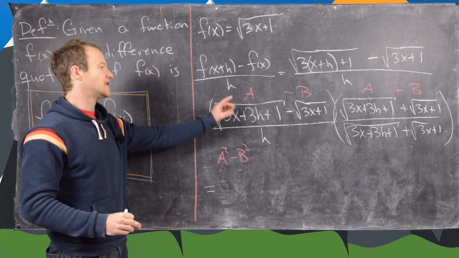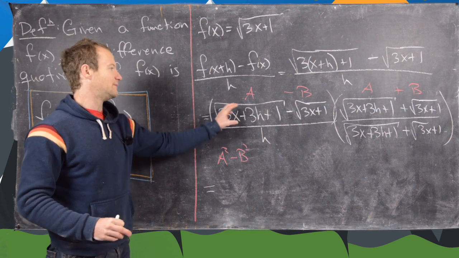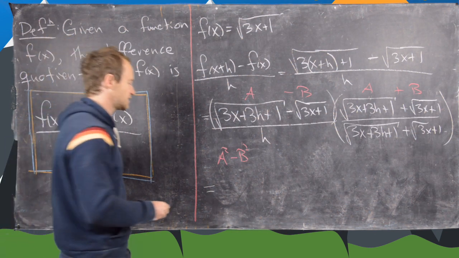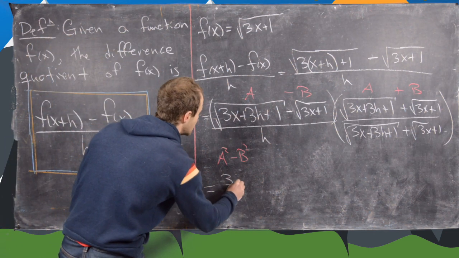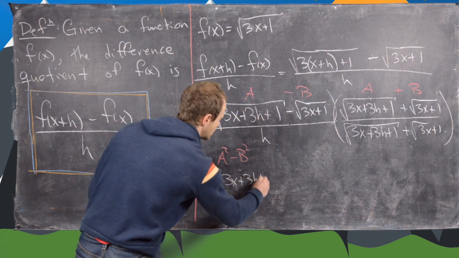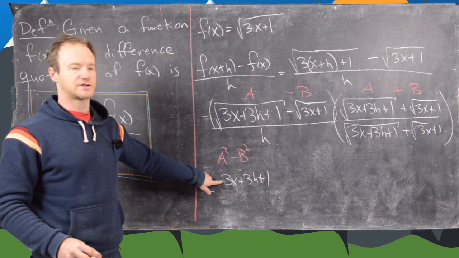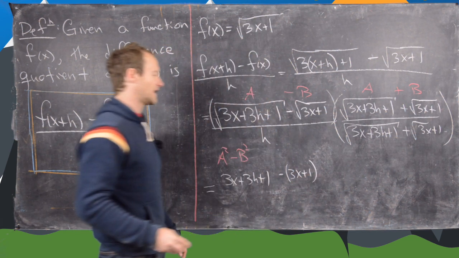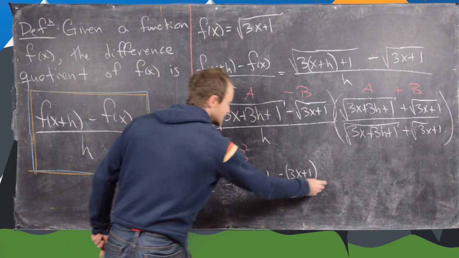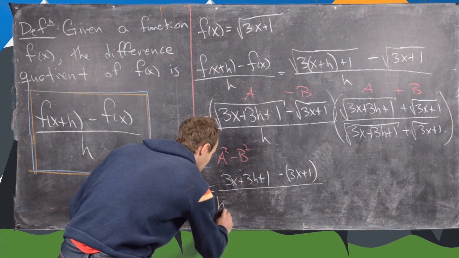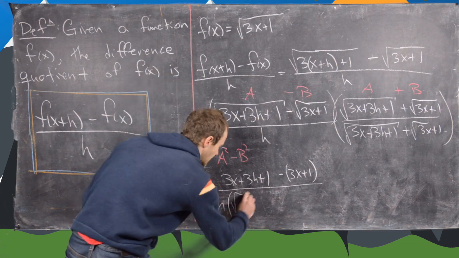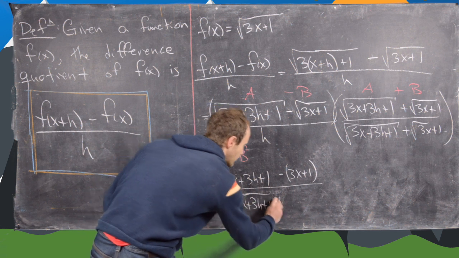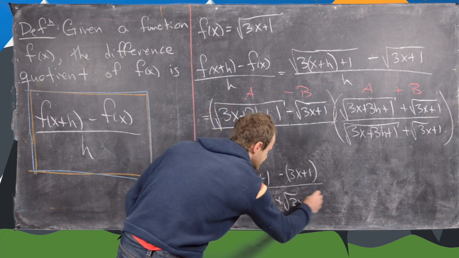And that's really nice because in this case a and b are both these radical expressions, which means when I square them, the square root disappears, and that's going to give me 3x plus 3h plus 1, that's like my a squared term, minus 3x plus 1, that's like my b squared term. And now this is all going to be over h times this thing that we multiplied by. So 3x plus 3h plus 1 plus the square root of 3x plus 1.